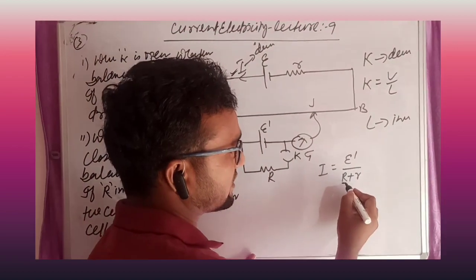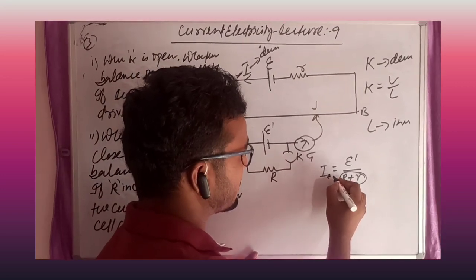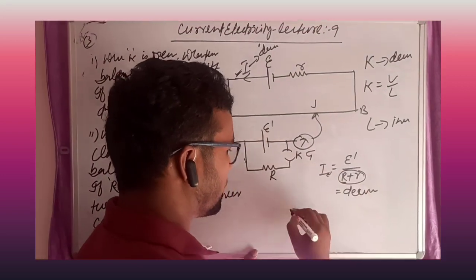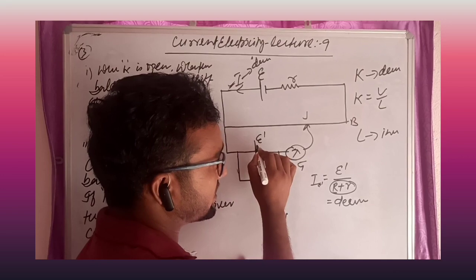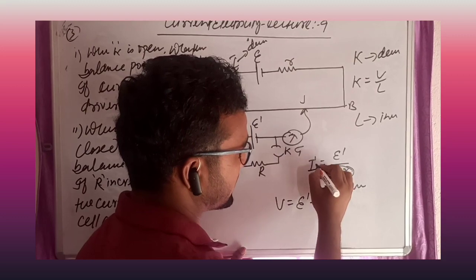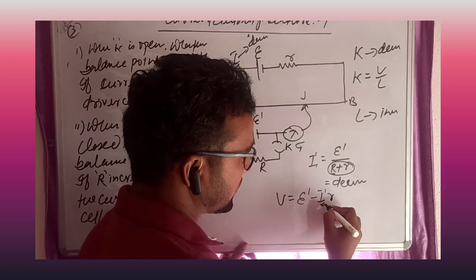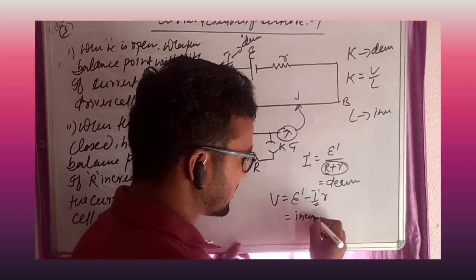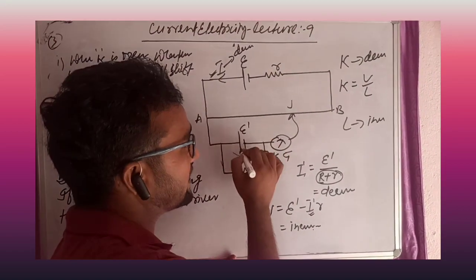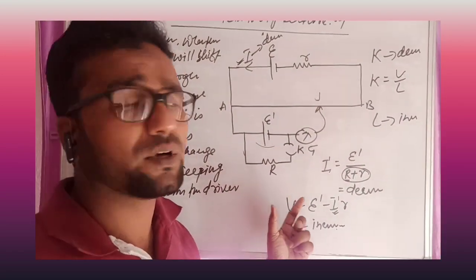So when this R is increased, no doubt this value will increase, and the current through this E dash cell will decrease. And what will be the effect on the terminal potential difference of this one? We have the formula E dash minus I dash r. Here this I dash decreases, so no doubt this V will increase, and the terminal potential of this will be increased, then to balance it the null point will shift towards B, and this is the final answer of this question.